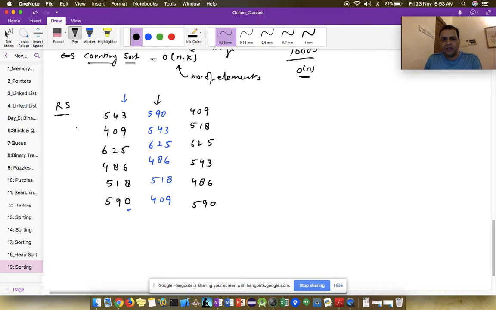After doing this, we will finally sort on the hundreds place. Now if I sort on the hundreds place, this 4 and this 4 are the same. So I should be using a stable sorting algorithm.